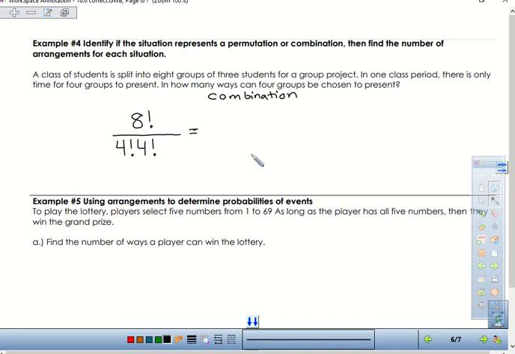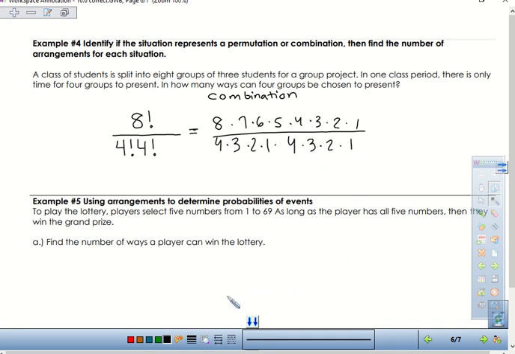So this is going to be 8 times 7 times 6 times 5 times 4 times 3 times 2 times 1, all over 4 times 3 times 2 times 1 times 4 times 3 times 2 times 1. Everybody good with how I got that? These here are going to cancel with these. And then you can just do the math from here, or you can choose to cross cancel if you're comfortable with that. Whatever you want to do.